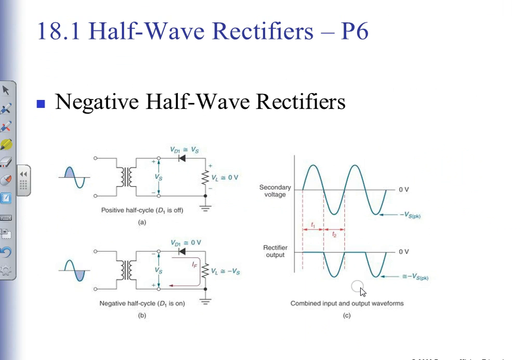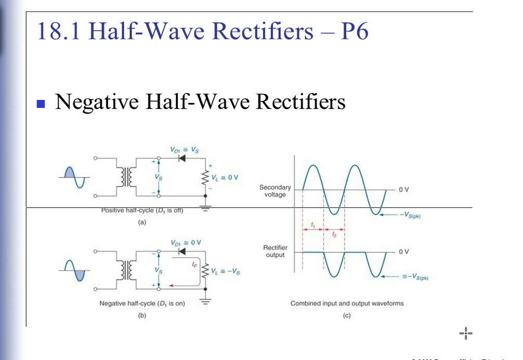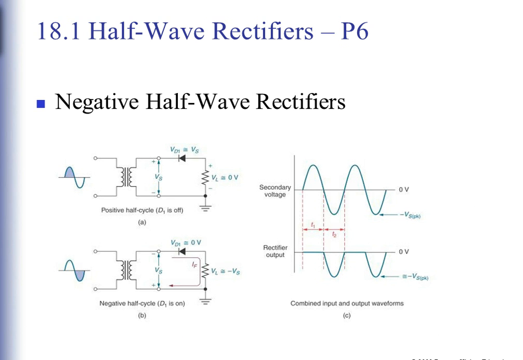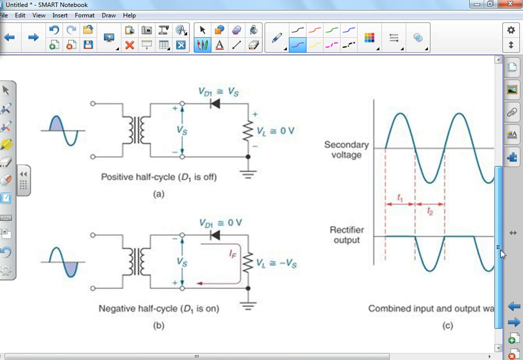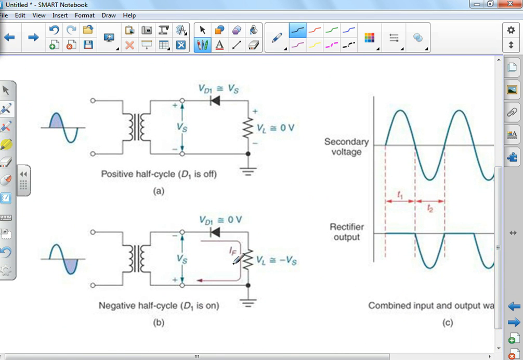Oh, that was nice. All right, I'm showing it backwards again, so I have to go back and do it again for the negative half cycle. So in the negative half cycle, my current's flowing that way, not the way in the transparency.